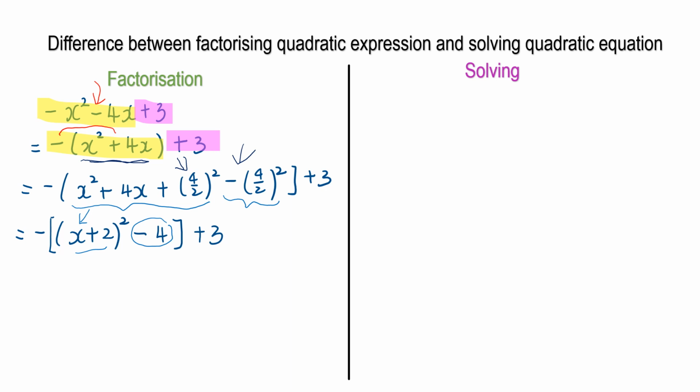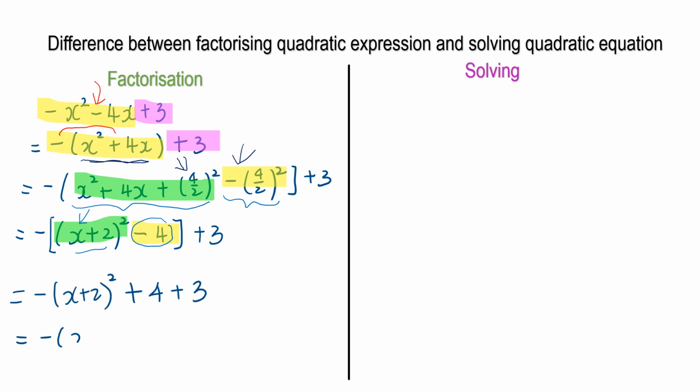Then the next step is very, very, very important. You must be careful. You have to multiply the negative into your square bracket. So that will end up to be a perfect square. And the one highlighted in yellow, you just use a calculator to work it out to get negative 4.